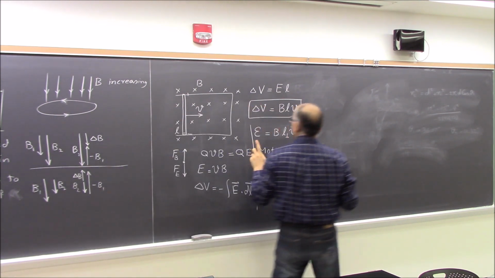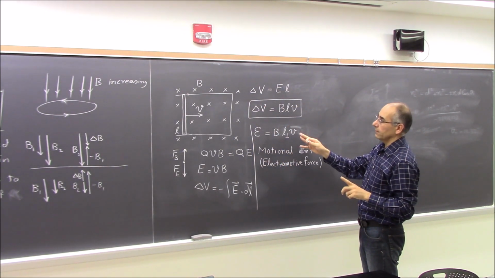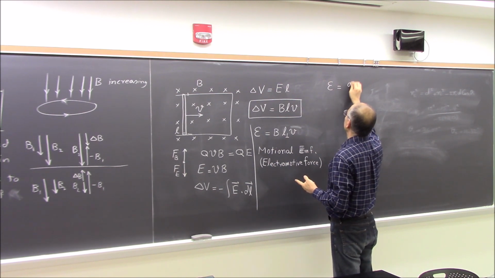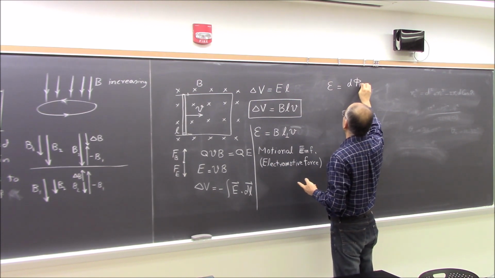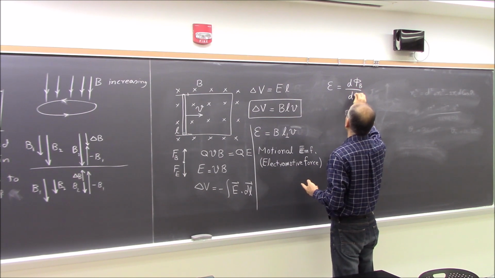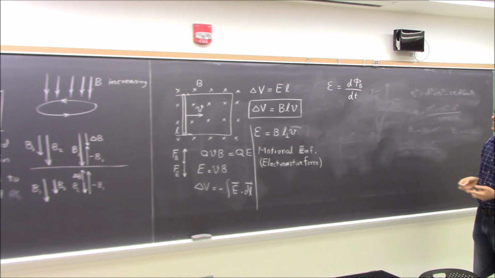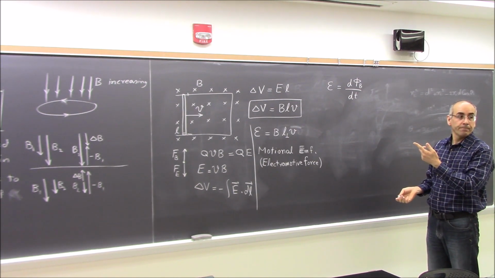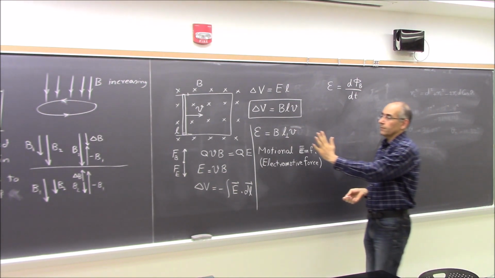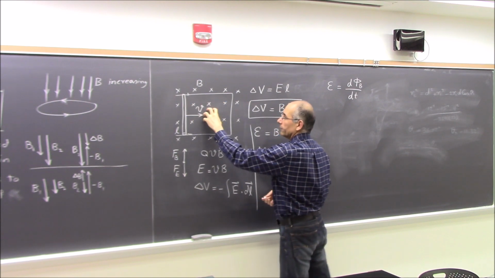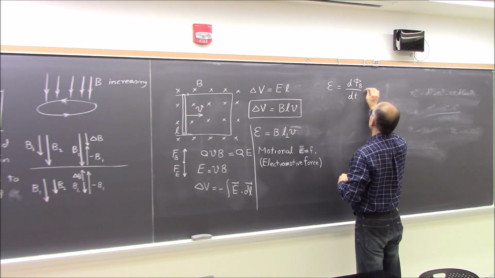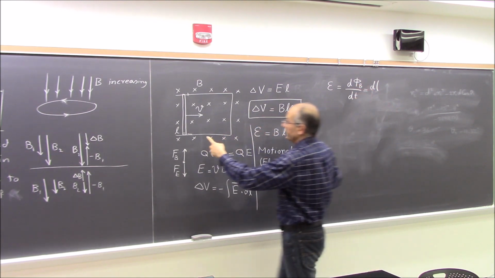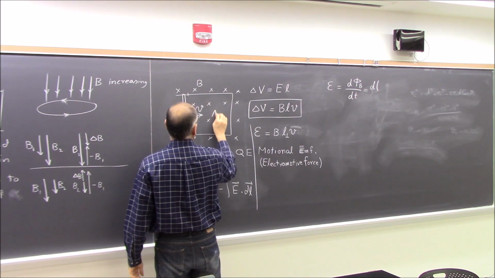If you look at it like that, you can also say the EMF around the loop is equal to minus d phi over dt. How much is the rate of change of flux through this loop? Because the face of the loop is perpendicular to the magnetic field, the flux will be B times this area here.